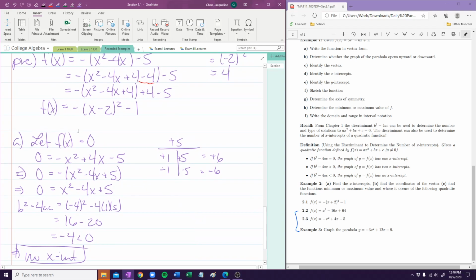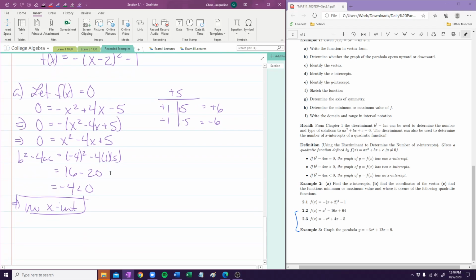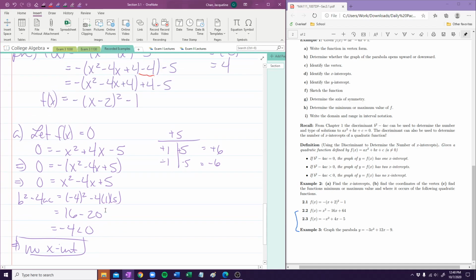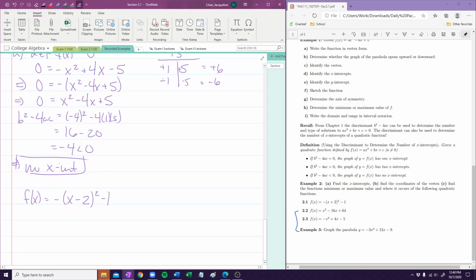Again, if you did use the vertex form, if I have f of x equal to negative quantity x minus 2 squared minus 1, and let f of x equal 0, then you'll get 0 is equal to negative quantity x minus 2 squared minus 1.